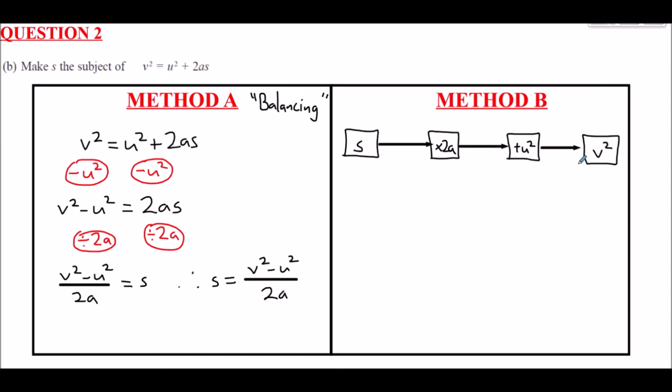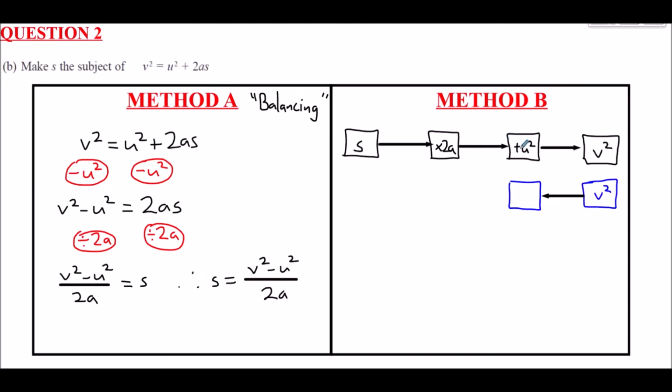Now what we could do is go the opposite way, doing the opposite things, rewinding this whole process back until we get to what s is. So on this side now, we start with what we ended up with. We start with v squared. But now we're going to trace our steps backwards. So at this stage, look what happened before.